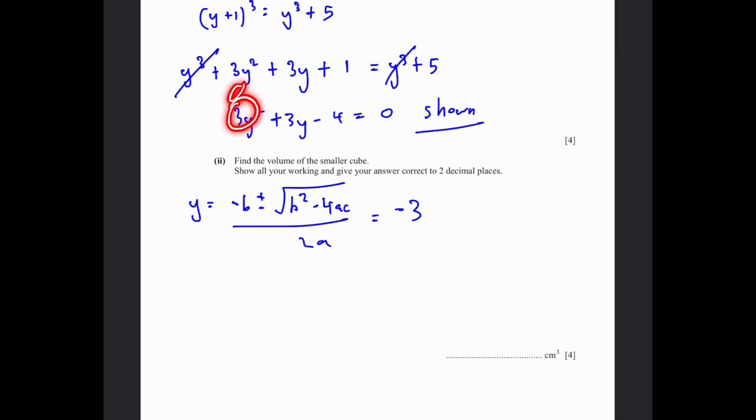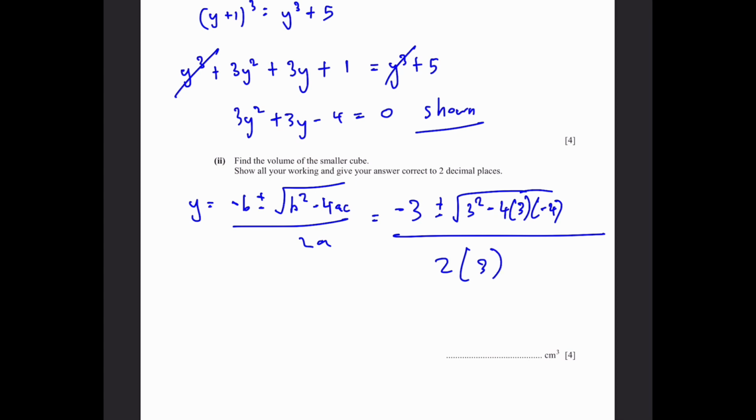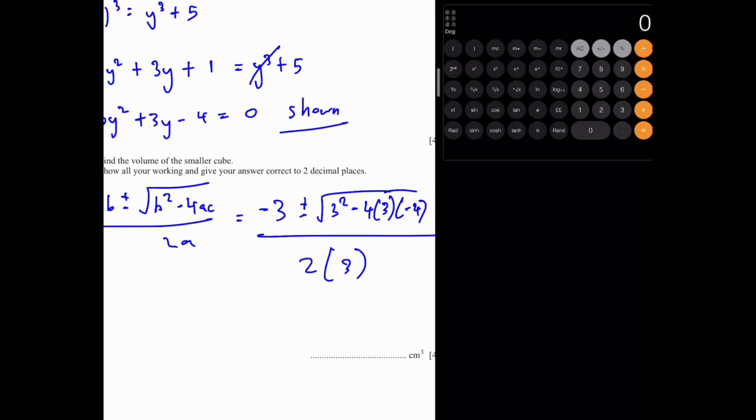By the way, a is also positive 3 and c is negative 4. So minus 3 plus or minus root of 3 squared minus 4 into 3 into minus 4, and then over 2 into 3.